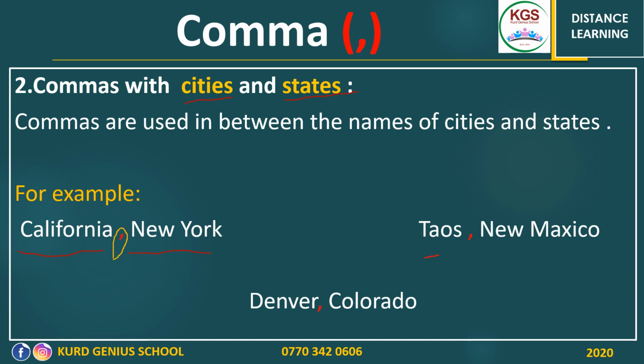Taos, New Mexico. Taos is the city and New Mexico is the state. We put a comma between Taos and New Mexico. Denver, Colorado. Denver is the city and Colorado is the state. You can see we put a comma between Denver and Colorado.